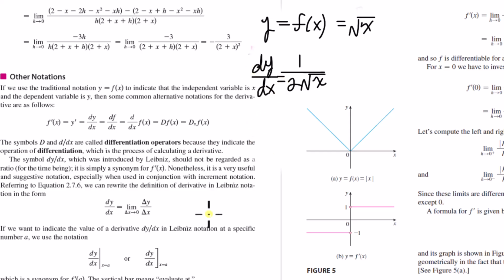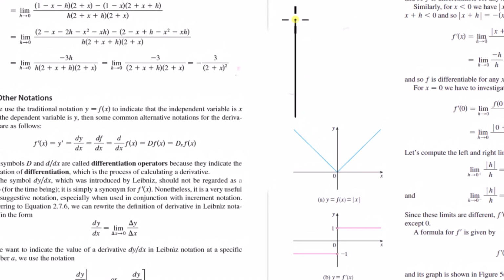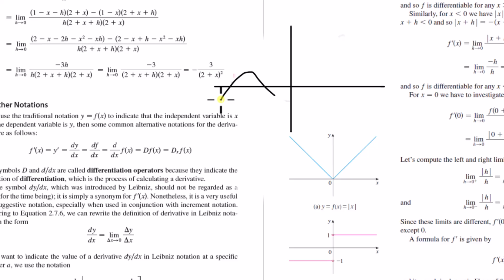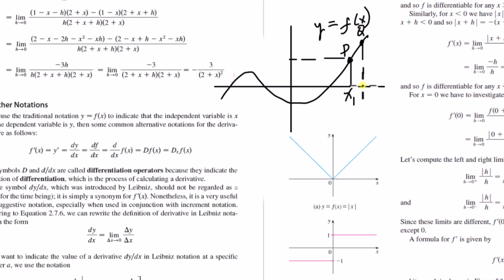That's fine. But what they're saying here is that Leibniz notation really matches up well, is really the most illustrative with this form of the definition of the derivative, the third form that we learned, right? So this was some function y is equal to f of x. You have point P. You call this x1, and then you call point Q being at x2.